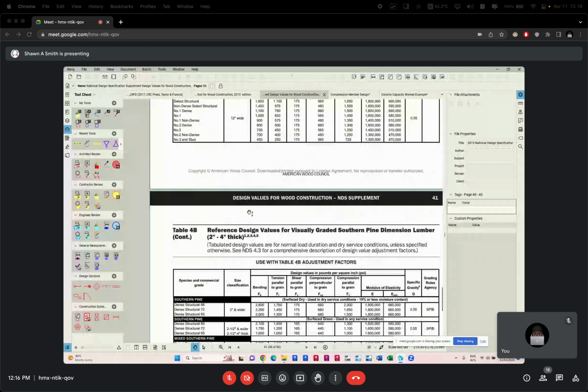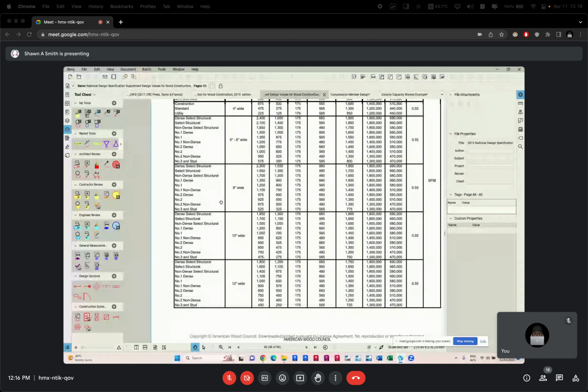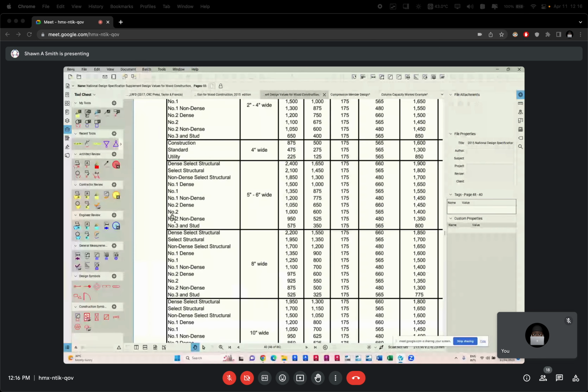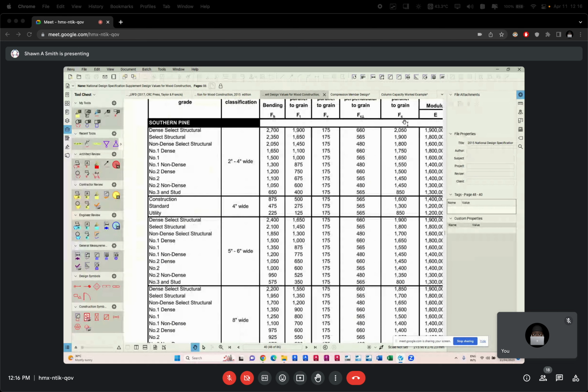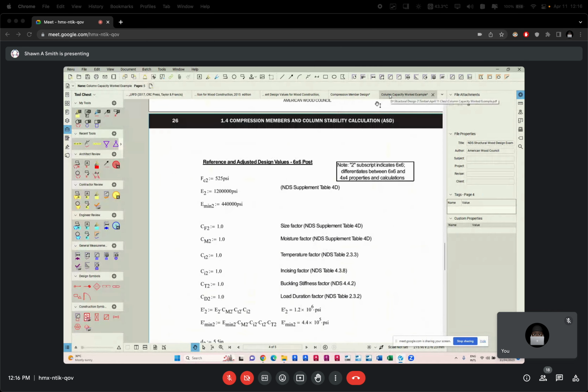Now, but the values should be these. So they have an error there. These values should be coming from this, number 2 Southern Pine, and it's F prime Fc this, which is 1,400. Not 565. 1,400. They are 525.